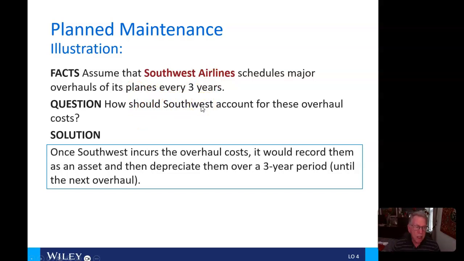These are very expensive overhauls. I'm a pilot and I know. How should Southwest account for these overhaul costs? Once Southwest incurs the overhaul cost, it would record them as an asset and depreciate them over a 3-year period until the next overhaul.